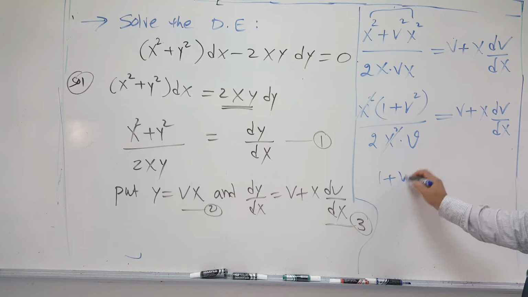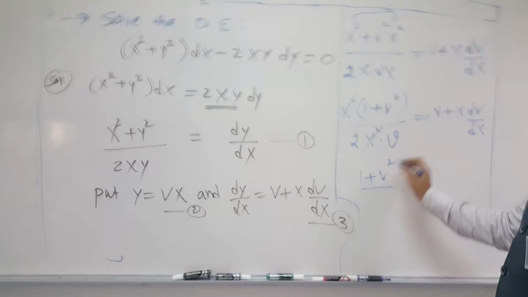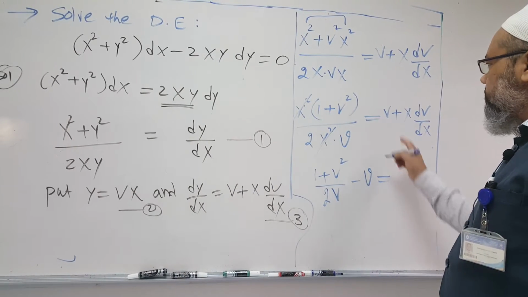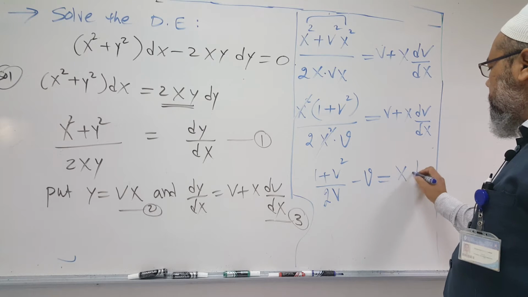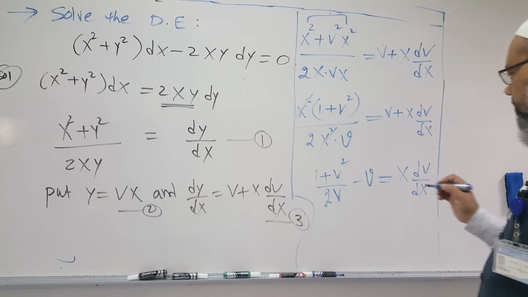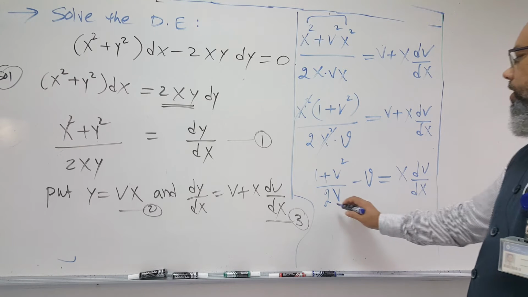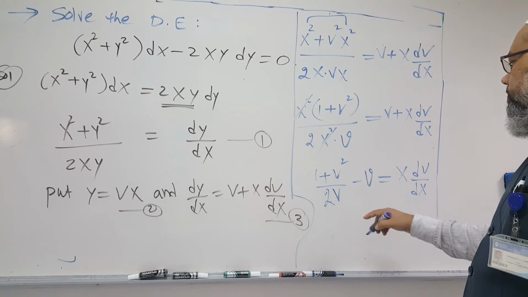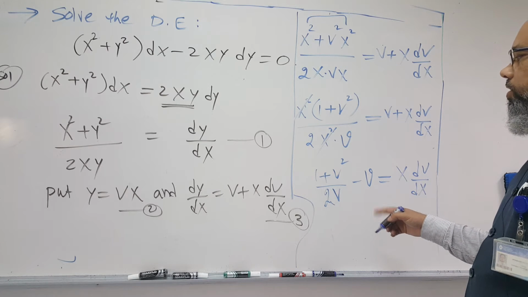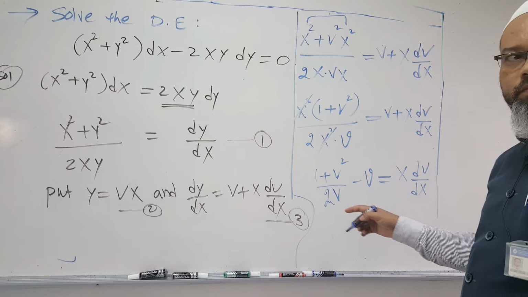Now 1 plus v square divided by 2v, minus v, this plus v goes to this side as minus v, equals x dv over dx. Later we will simplify this, then this equation will reduce to a separable differential equation.